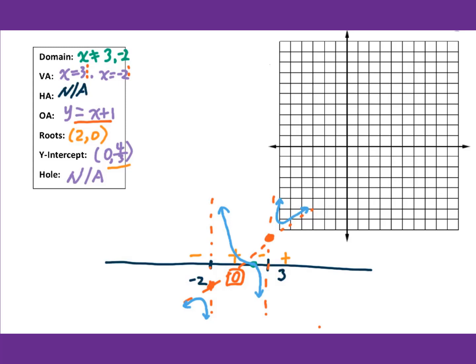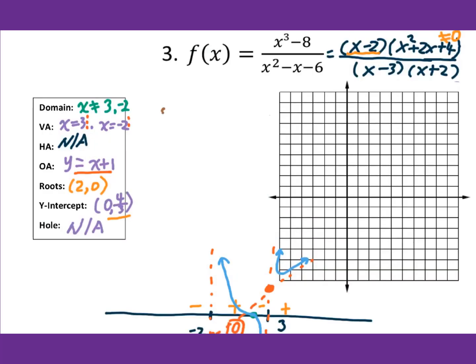From this graph, you could see the graph intersects this oblique asymptote line. We can figure out where. Therefore, I will set up x third power minus 8 over x squared minus x minus 6 equals x plus 1. Then on both sides we multiply by x squared minus x minus 6.